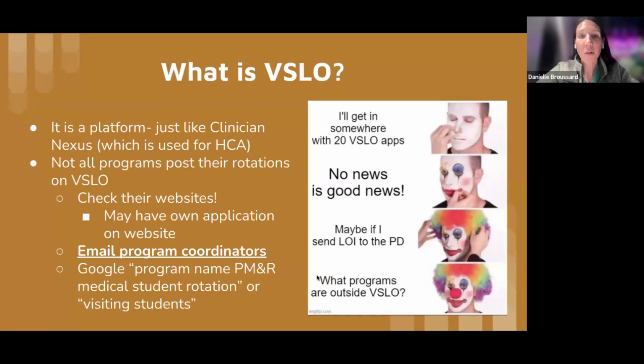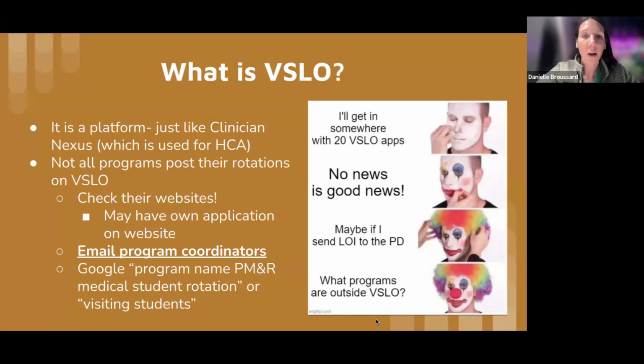So where you can find out the most information is just going to the program website and emailing the program coordinator. I have told all of my mentees this is something that really was helpful for me when I was applying for audition rotations. When you look at your top programs and the places that you want to go, I would say pick your top three programs and email the program coordinators.